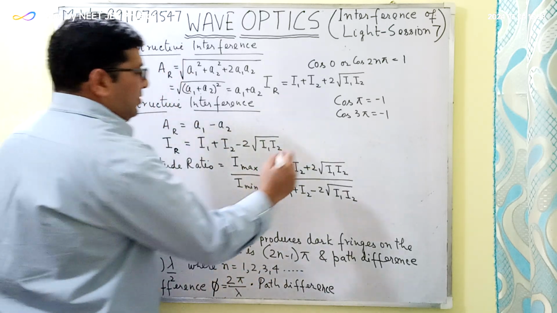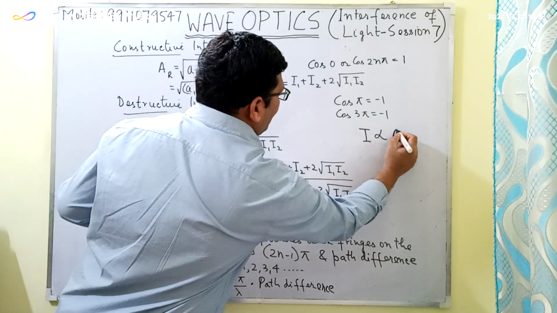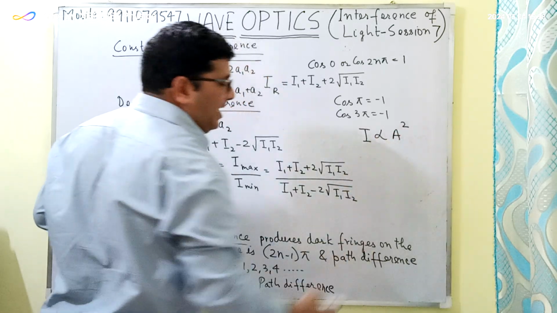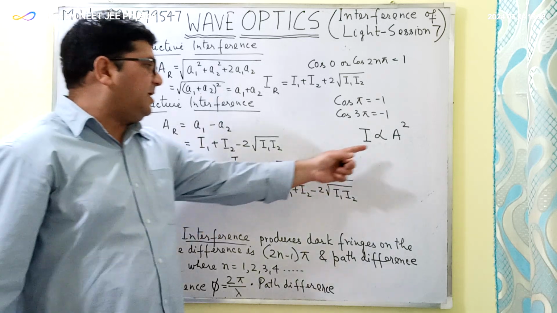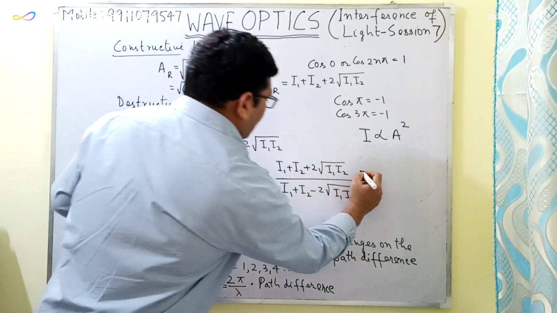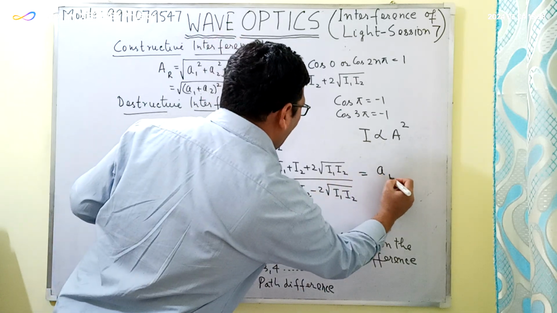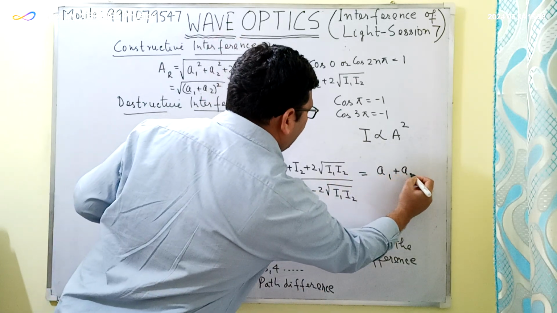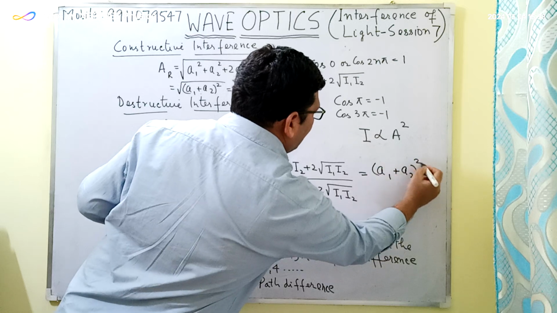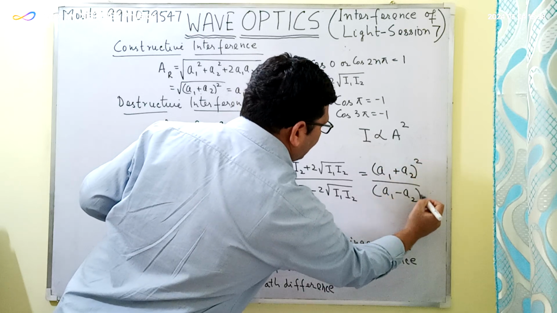Now we also know that the intensity of light is directly proportional to A square, where A is the amplitude. So this equation can be written as (A1 plus A2) whole square, and this one as (A1 minus A2) whole square.